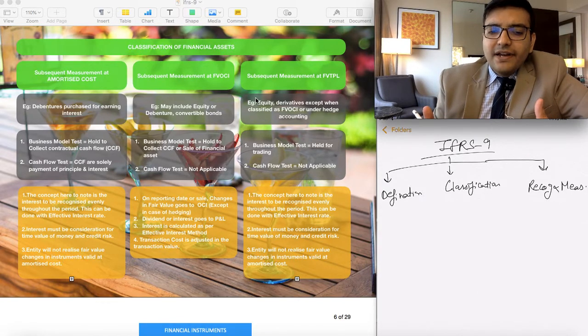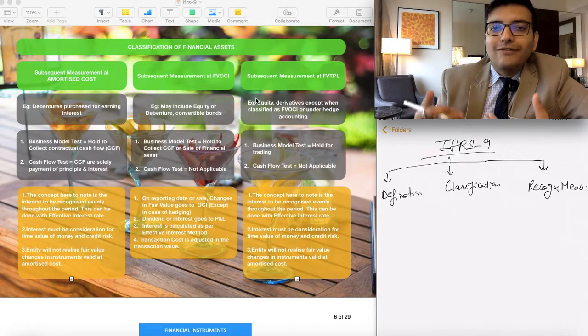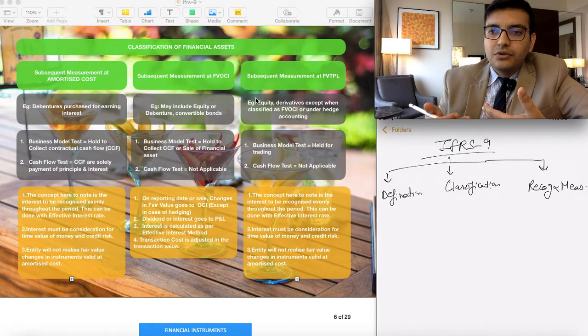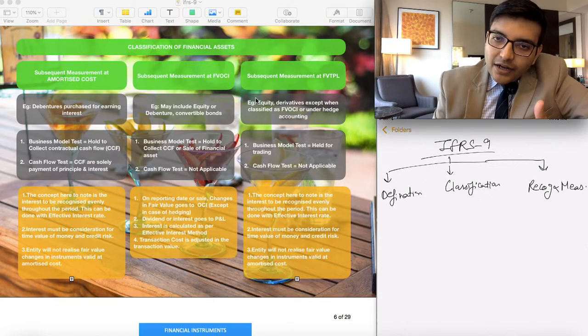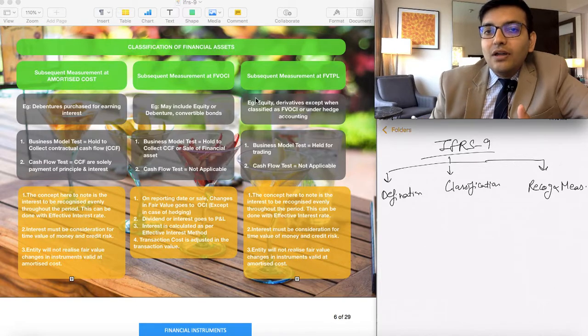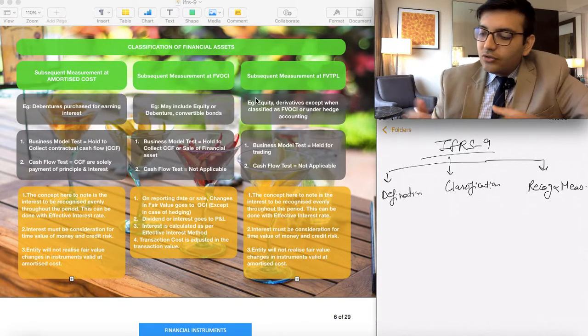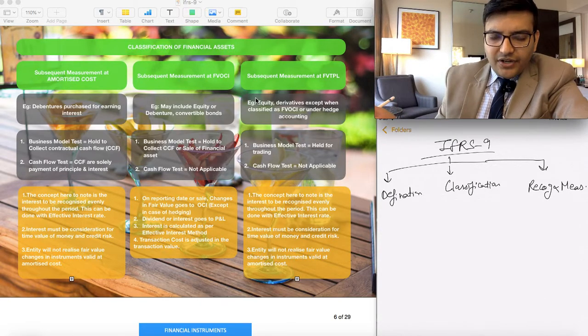The main motive is to present the intention of the company in the books of accounts. That is the main reason, right? So they have classified into 3 criteria based upon the intent, or the business model of the company, right? There are 2 tests which are done in any classification.